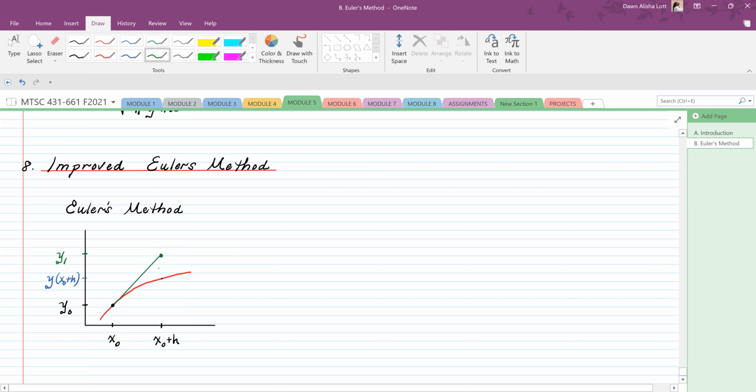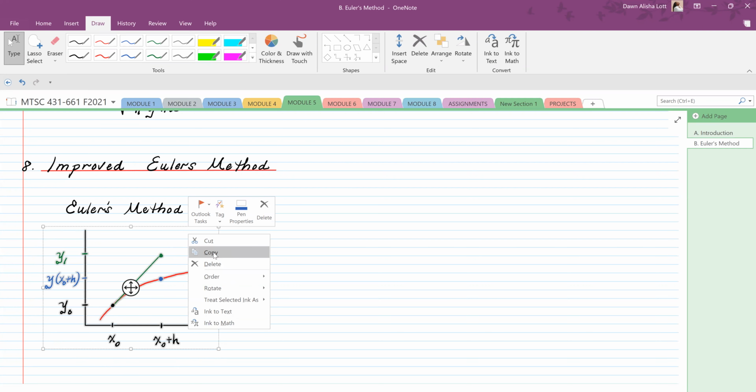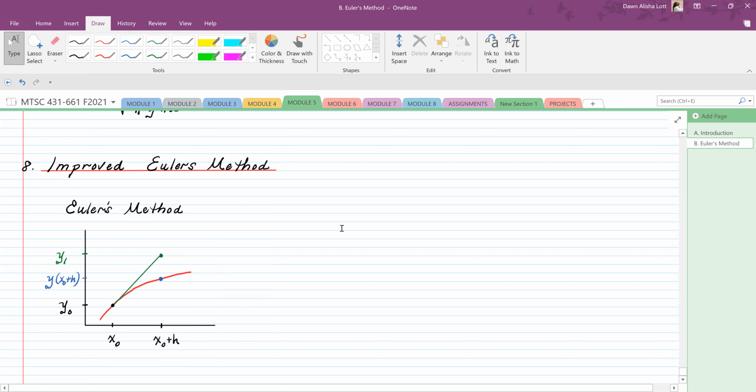So this is the error, and I made it very prominent. The true solution, which is y of x naught plus h, is there. The value that Euler's method is going to give you is the green one. Let me snatch this picture and put it right over here.